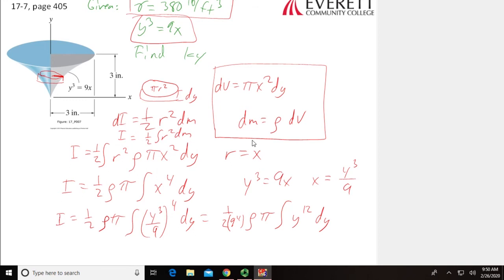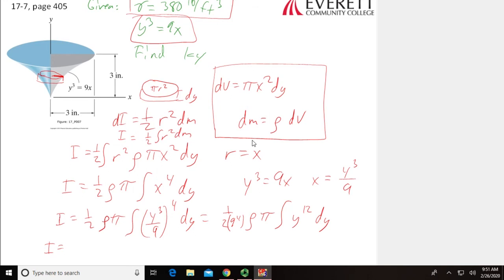Okay, so now all I have to do is solve the integral. I'm going to have y to the 13 over 13. I need my limits of integration too. For my limits of integration, I just look at the picture: 0 to 3. I'm starting at 0, going to 3 in the y direction.